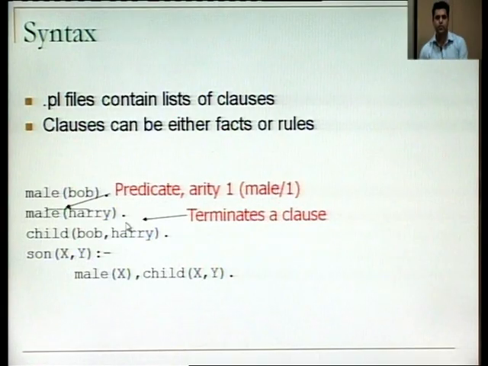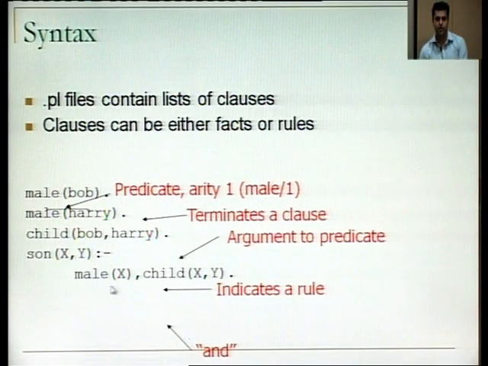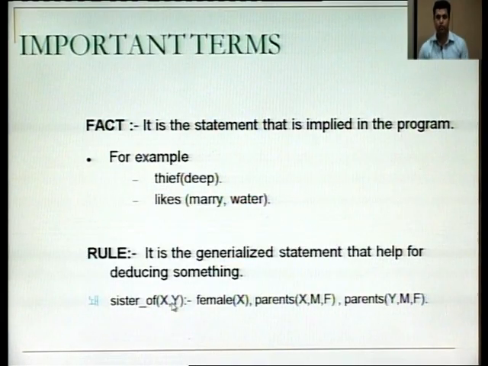This dot is used to terminate a clause, whether it is a rule clause or a fact. It indicates a rule. This is the argument to the predicate, and it is to be interpreted as and. It means X is a son of Y if X is a male and X is a child of Y. Only then will this rule hold.